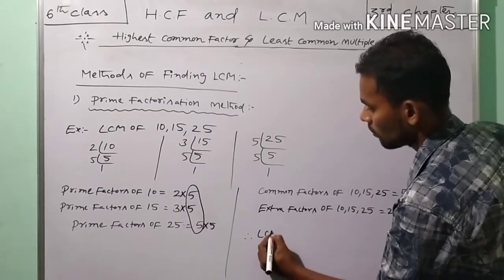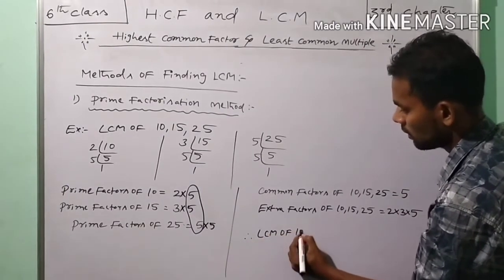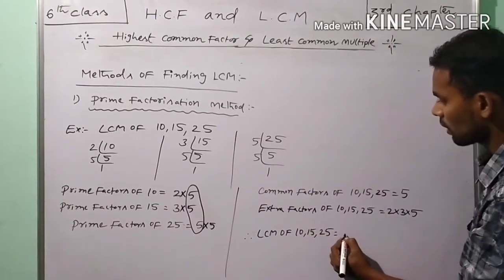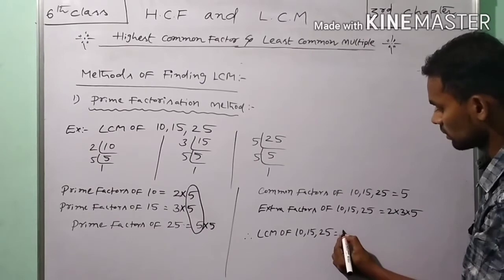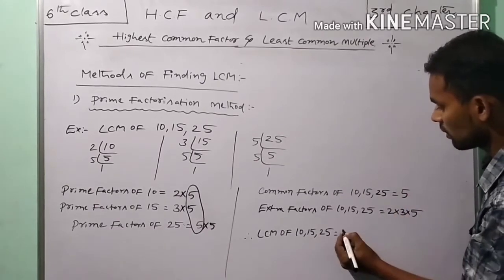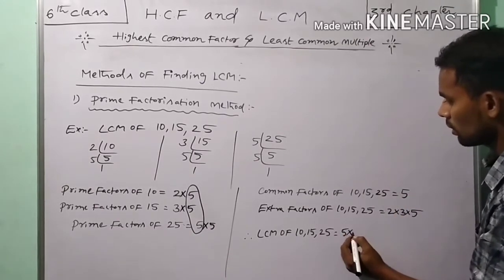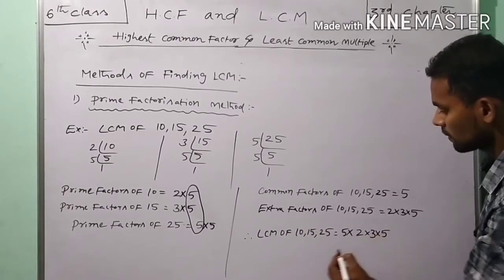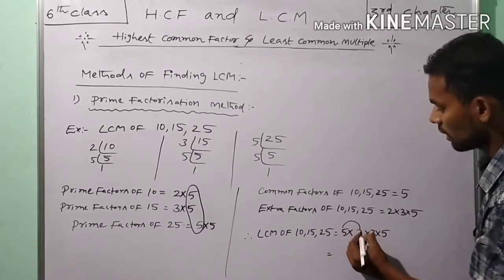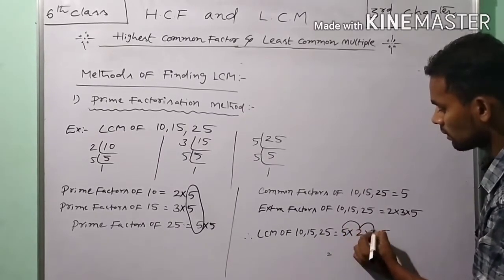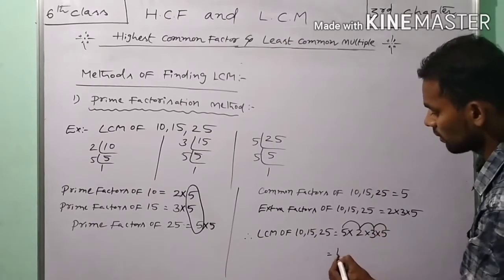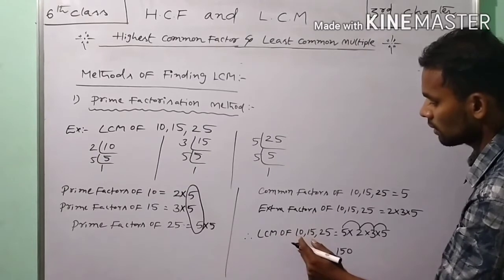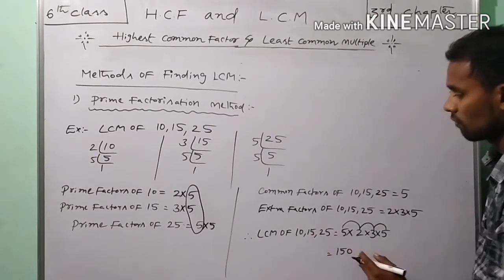Therefore, LCM of 10, 15, 25 equals product of common factors and extra factors. Common factor is 5 into extra factors 2 into 3 into 5. 5 2s are 10, 10 3s are 30, 30 5s are 150. Least common multiple of 10, 15, 25 equals 150.